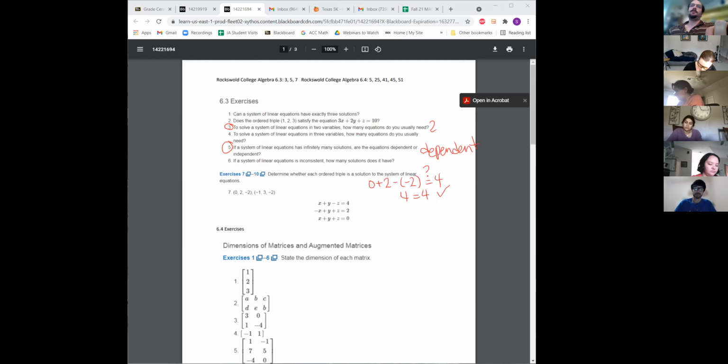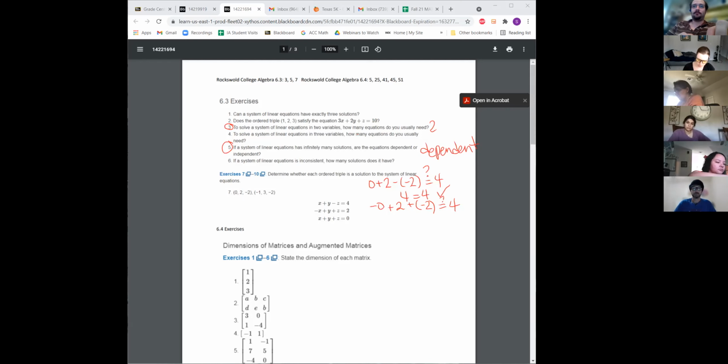Second equation. No. -0 plus 2 minus 2 plus a -2 equals 4, question mark. What do we get from that? I think we get 0. Is that 0? Teacher, you made a mistake there.